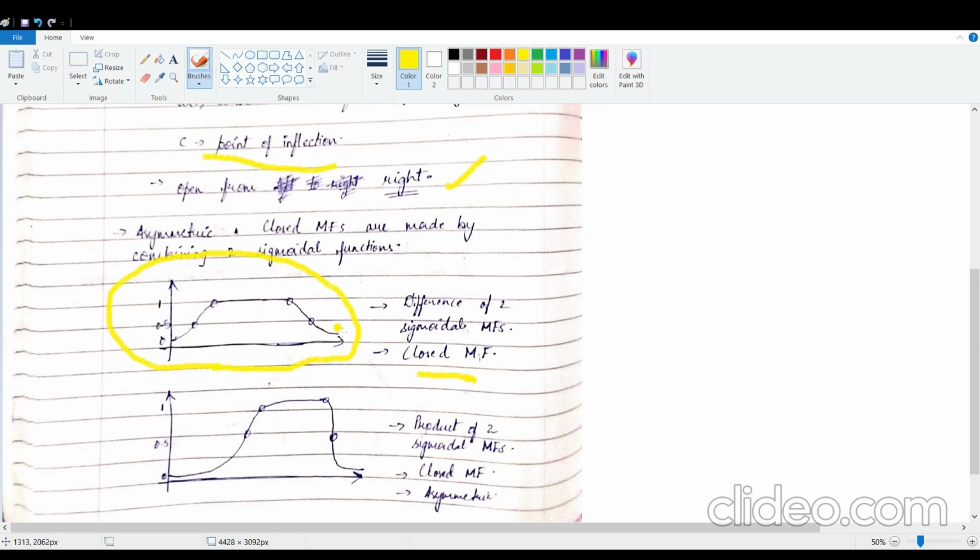It is not open from right or open to left. And the second graph that you are seeing right here is obtained by multiplying 2 sigmoidal membership functions. This sort of looks symmetrical, but it is definitely asymmetrical. If this were the middle point, this shows you that they are not mirror images of each other.